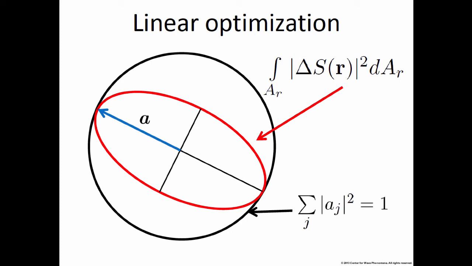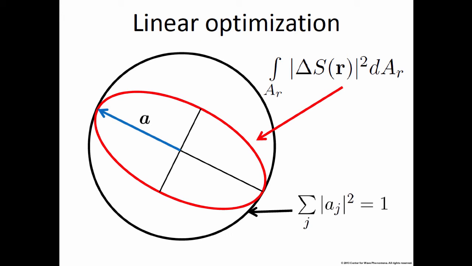The way we go about finding this vector A, shown in blue, is to put our problem in quadratic form. Then we rotate the axes of the matrices to the principal axes. Then we find the largest eigenvalue of that matrix. Our optimal steering parameters will be the eigenvector that corresponds to that eigenvalue.